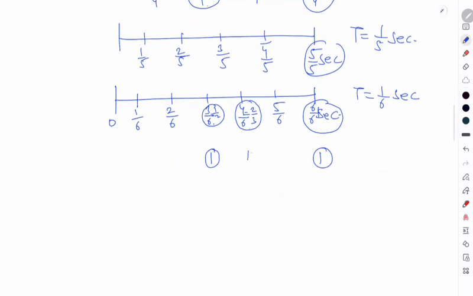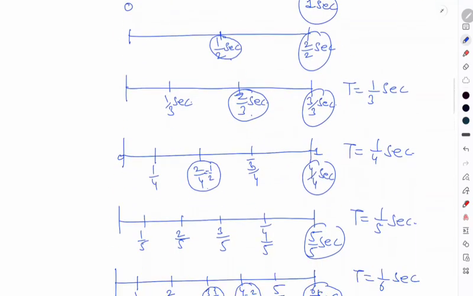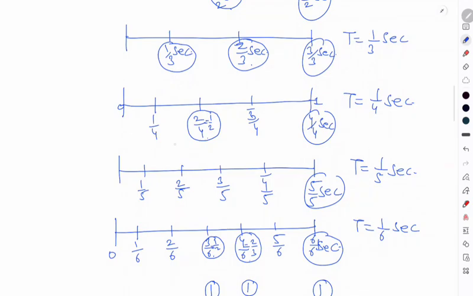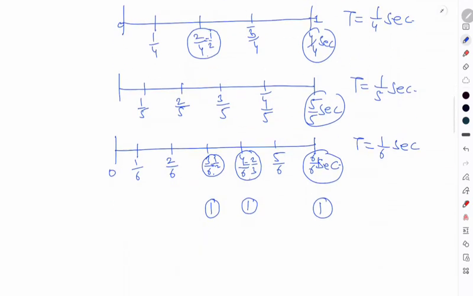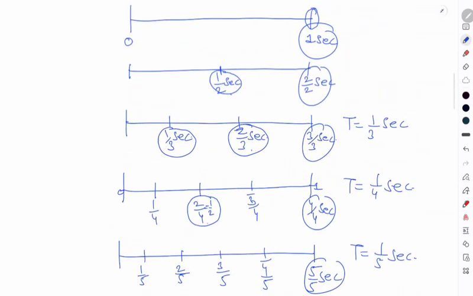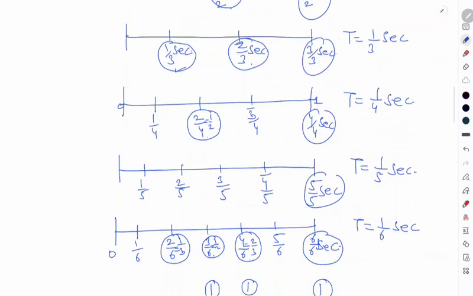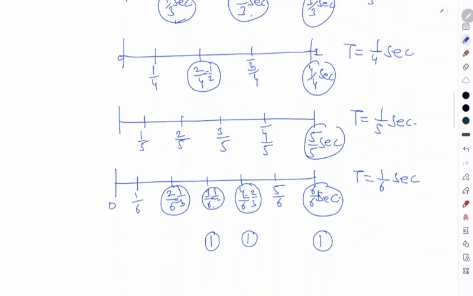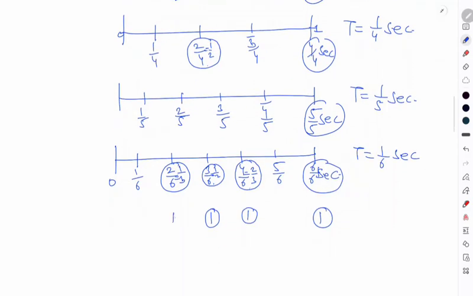So one more beat we will hear. Now let's talk about 1/3 second. Here it is 1/3 second, and here it is 1/3 second. At this moment we will hear a high sound, or the beat. So one more beat is there.